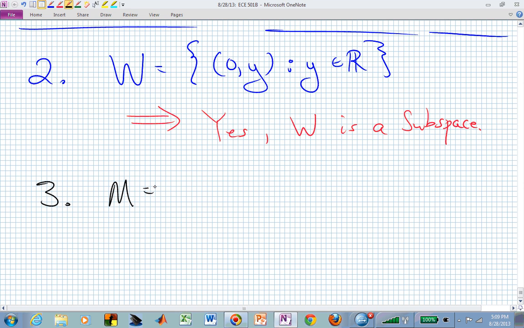What about another possible candidate? Suppose we say M is the set of X, X such that X is any real number. So our coordinates are the same. If the first coordinate is X, the second coordinate is X. And in terms of a visual image, what is this?